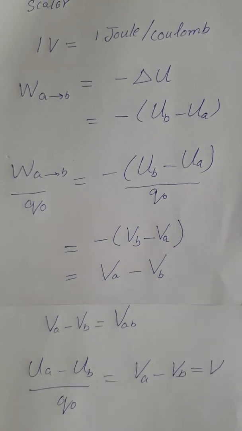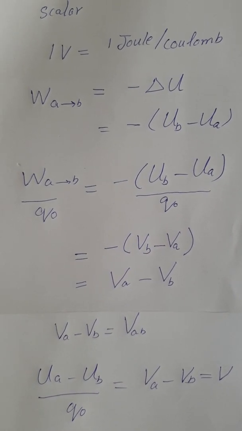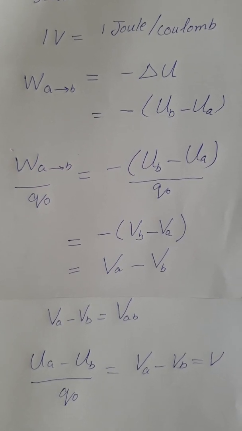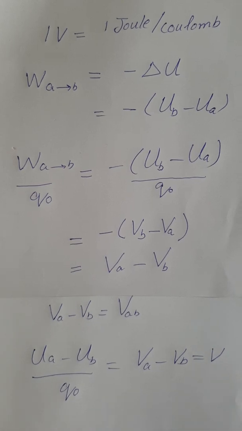Now we can find the potential V due to a single point charge Q by dividing the potential energy by the test charge.